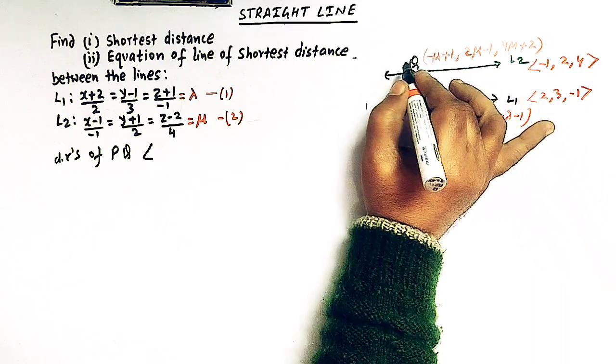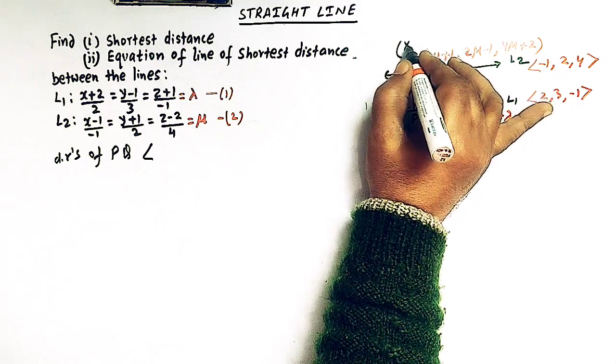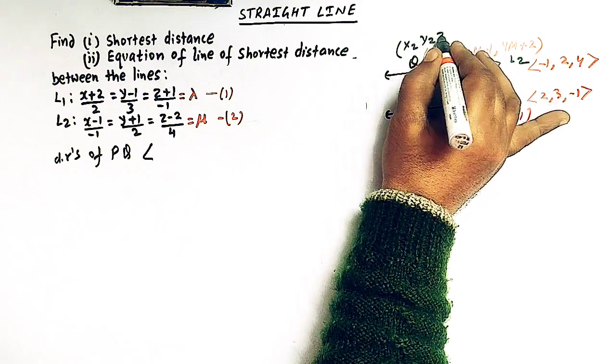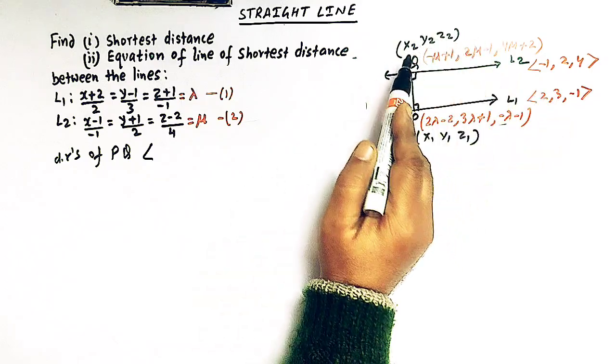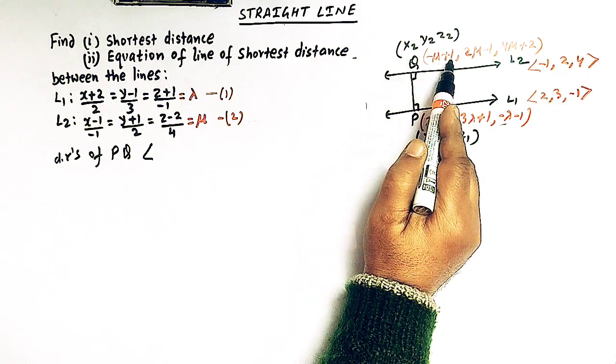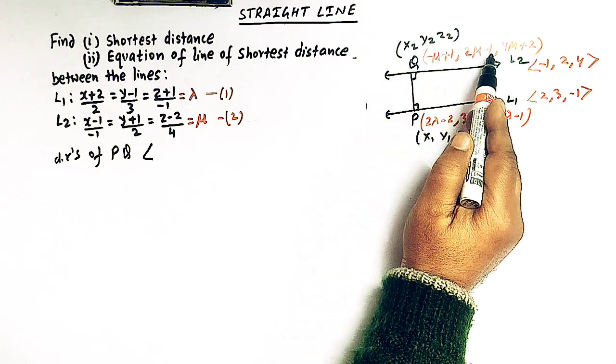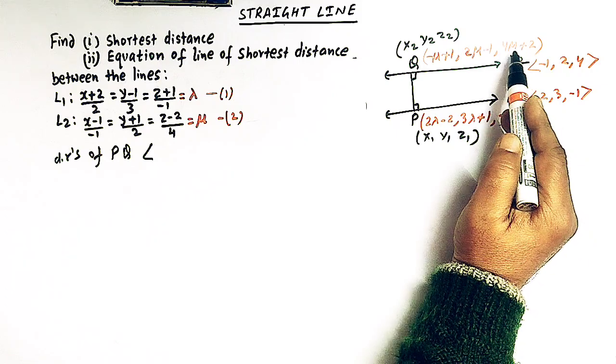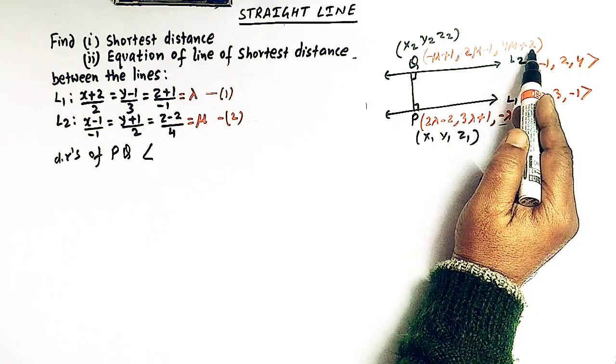And the coordinates of the point Q may be taken as x2, y2 and z2, where x2 is minus mu plus 1, y2 is 2 mu minus 1, and z2 is 4 mu plus 2.